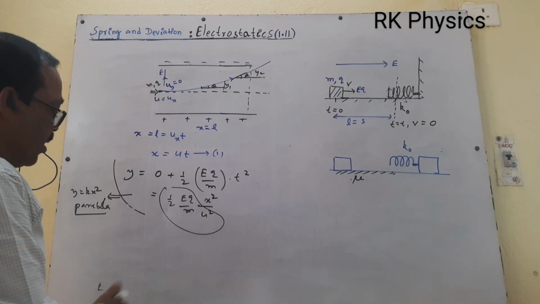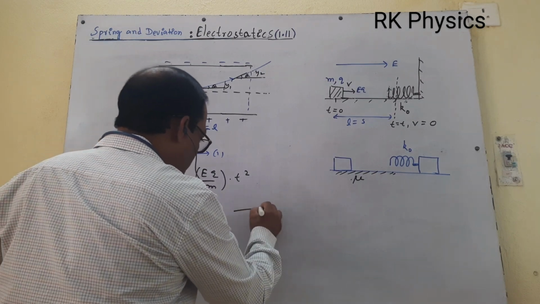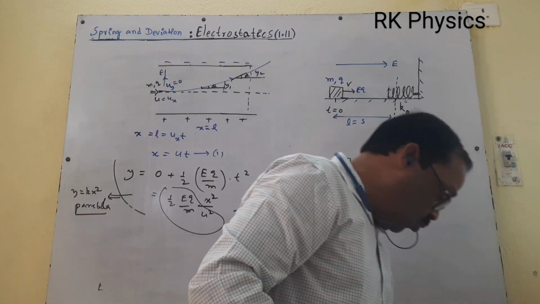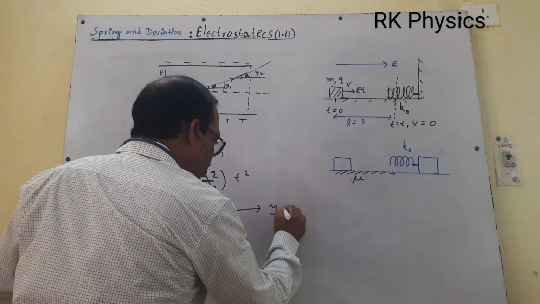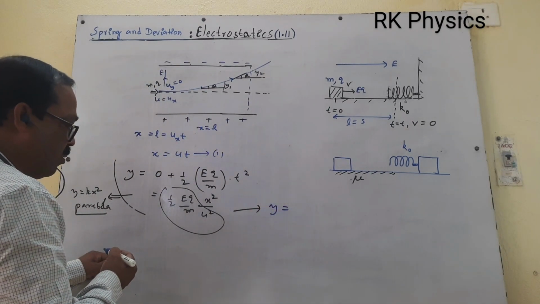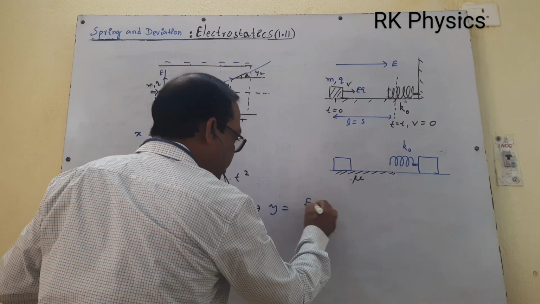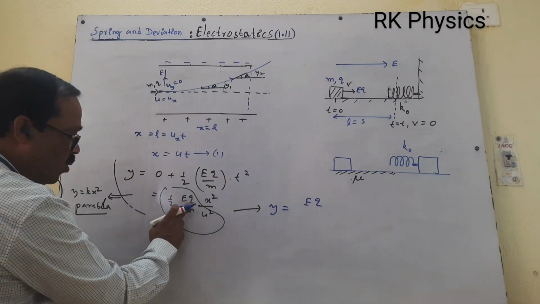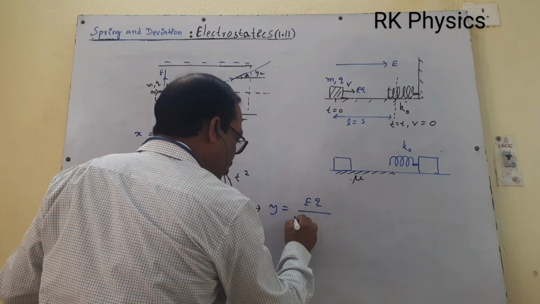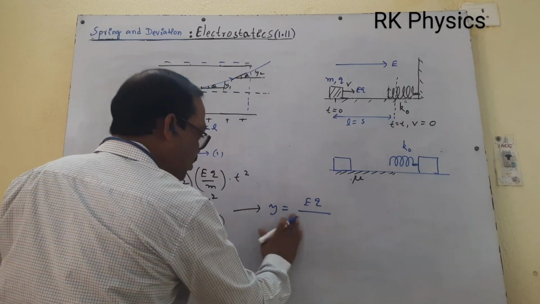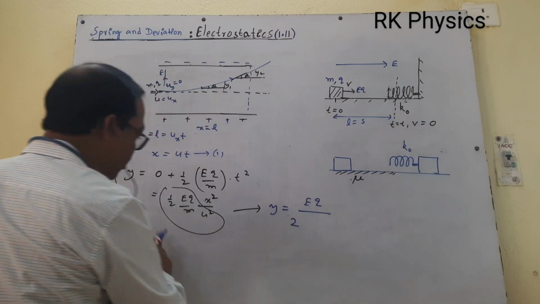Then let us convert this equation into some other form. I am writing this equation for y. See, this is eq, the normal term eq, and this term has 2 in the denominator.